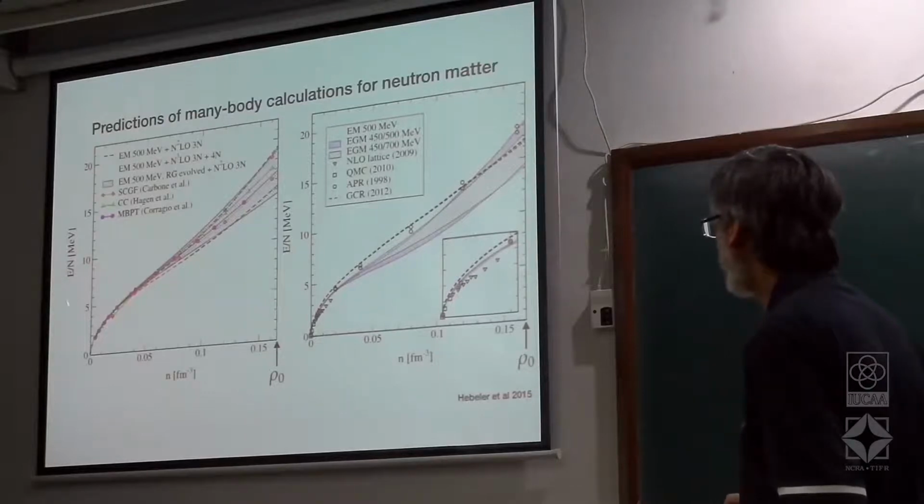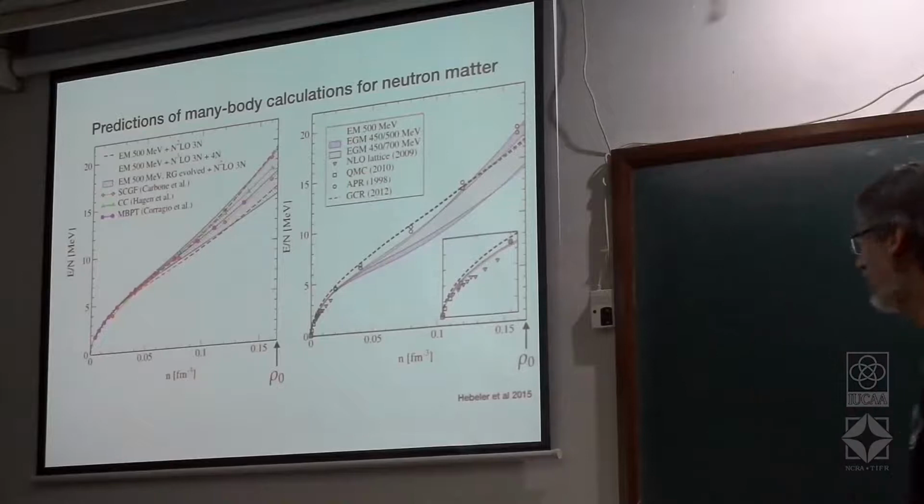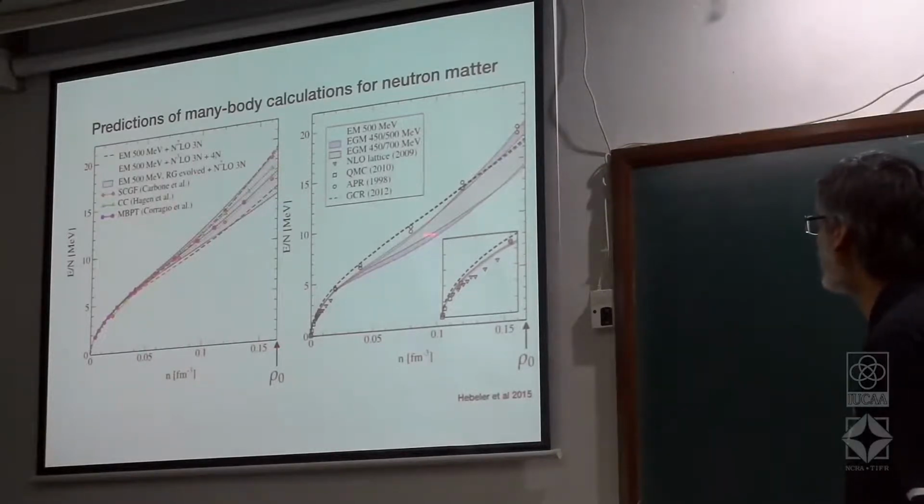This is energy per baryon in MeV, and this is number density. This is only going up to nuclear density here. These are different sets of calculations.